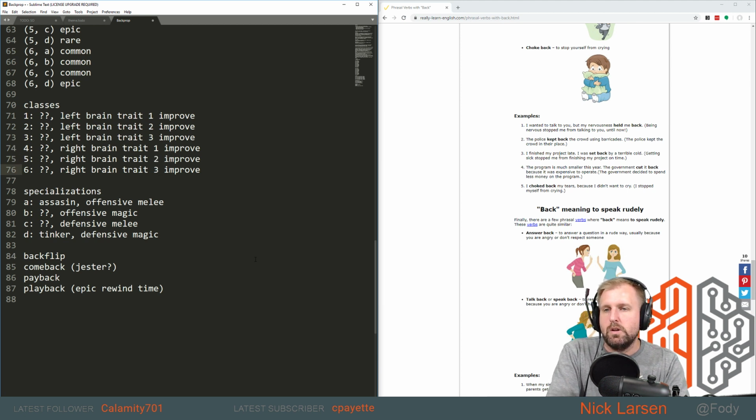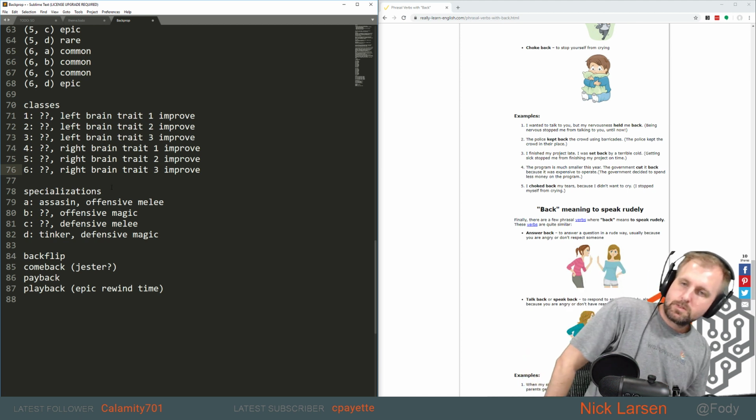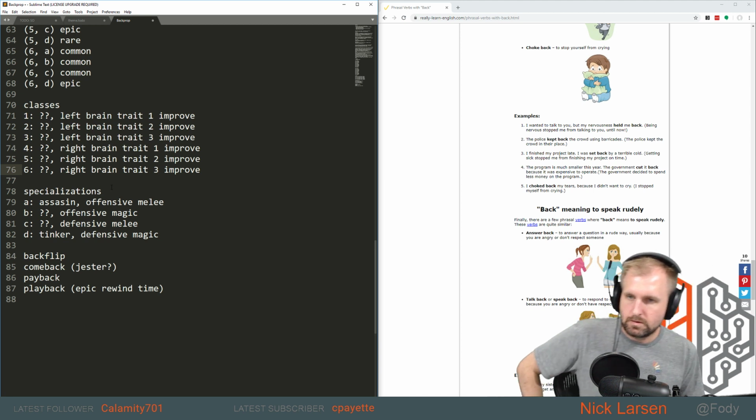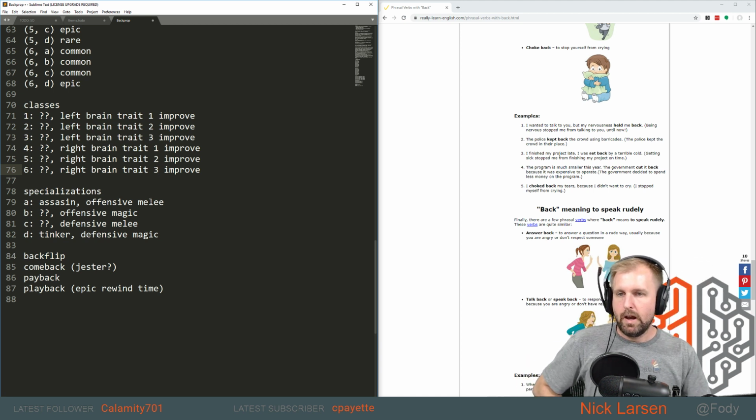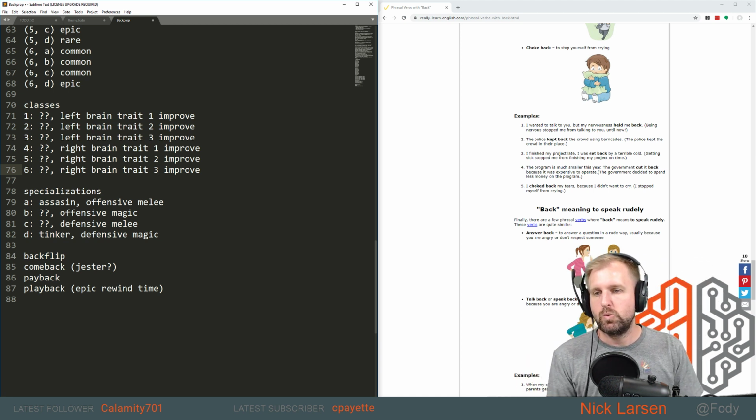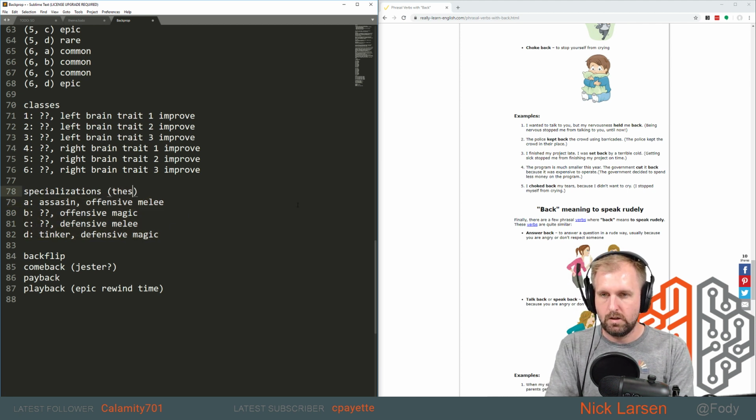2 and 3. Okay, so I don't know what they're going to be, but I know that this is what they're going to do. Okay. I think these are the only 4 things where I want it to have something to do with back. So these should have something to do with back.